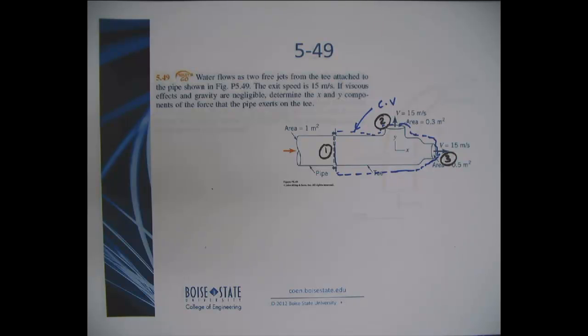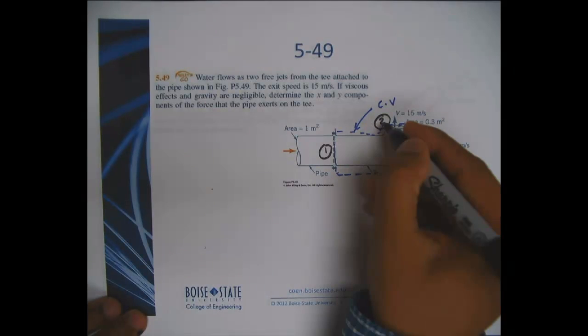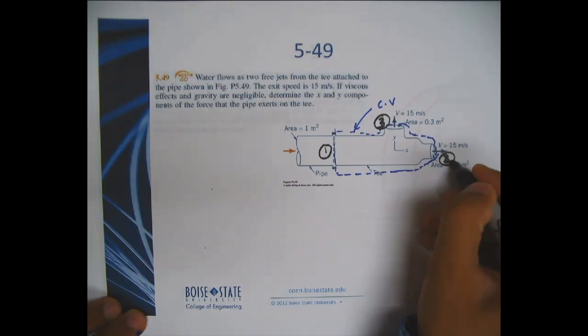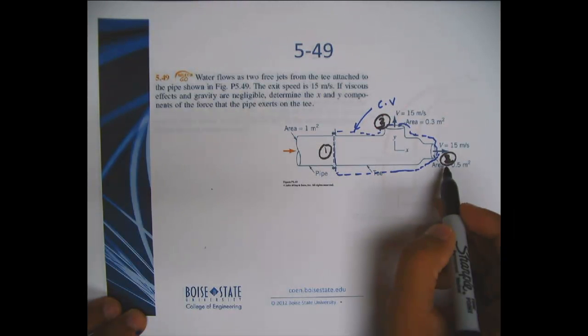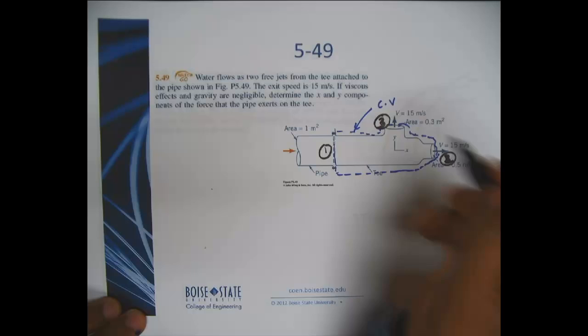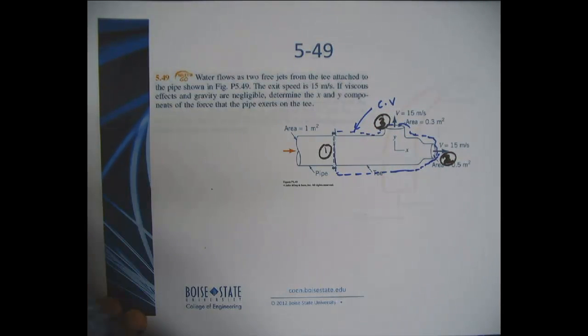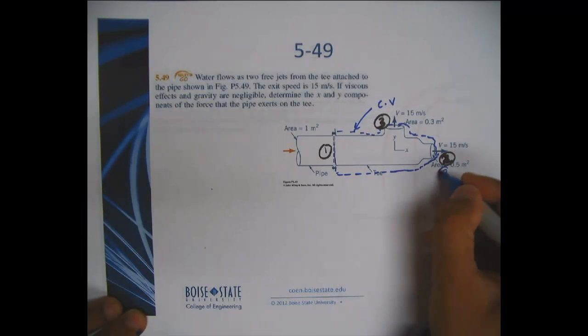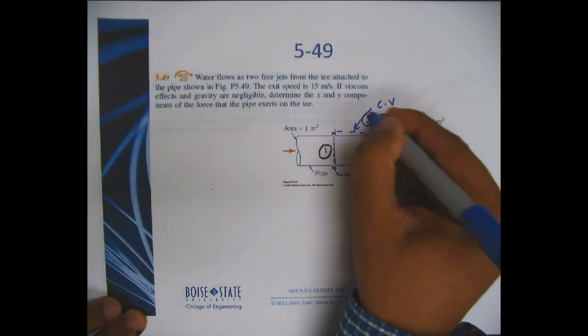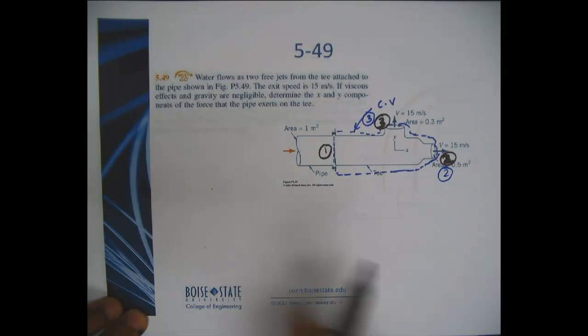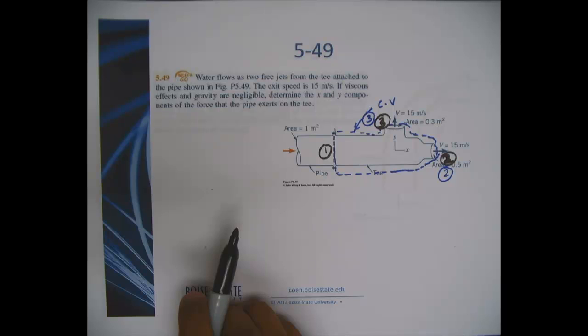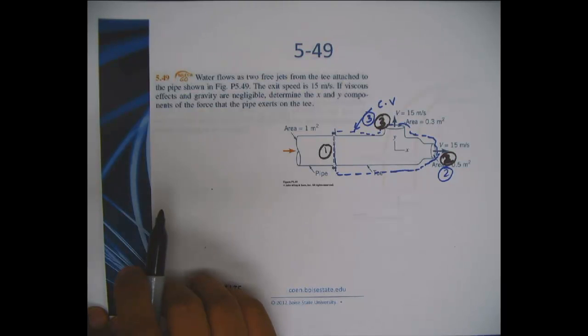To be consistent with the way I solved it, I took this as section 1, this is section 2, and this is section 3. Again, we can do this problem based on what we have been doing in the earlier example.